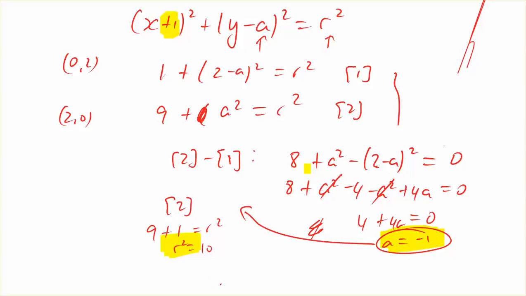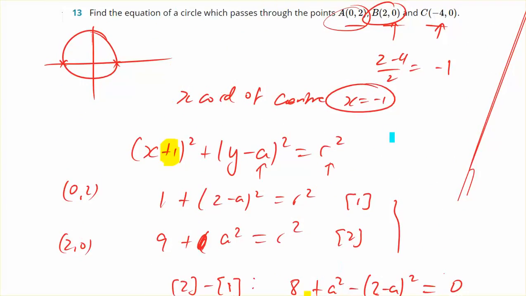So x plus 1 squared plus y minus, a is minus 1, so that becomes a plus 1 squared equals 10.